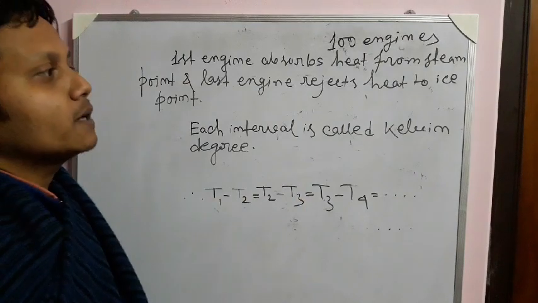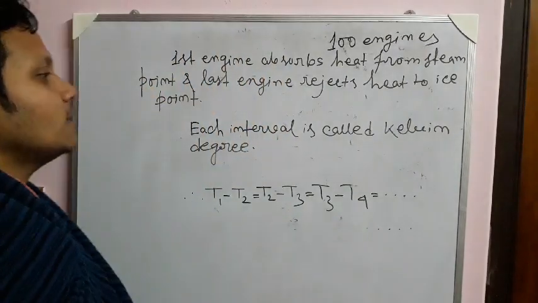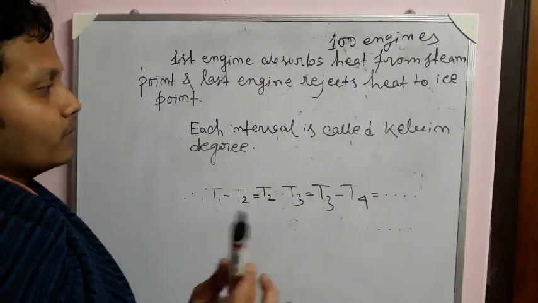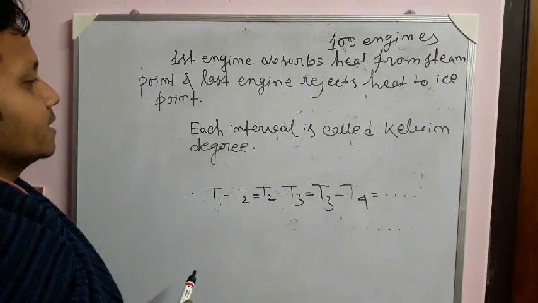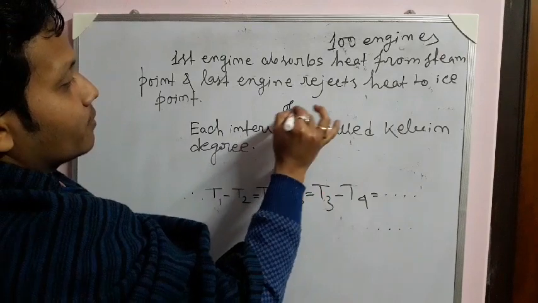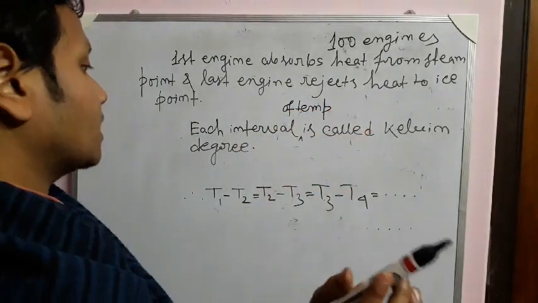If a particular engine absorbs that amount of heat which was rejected by the previous one, then we can define 100 equal intervals of temperature, which is called Kelvin degree. So each has 1 Kelvin degree.